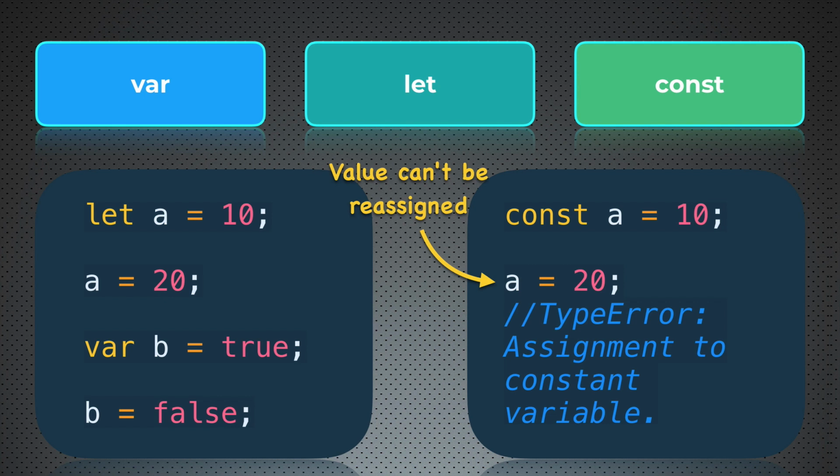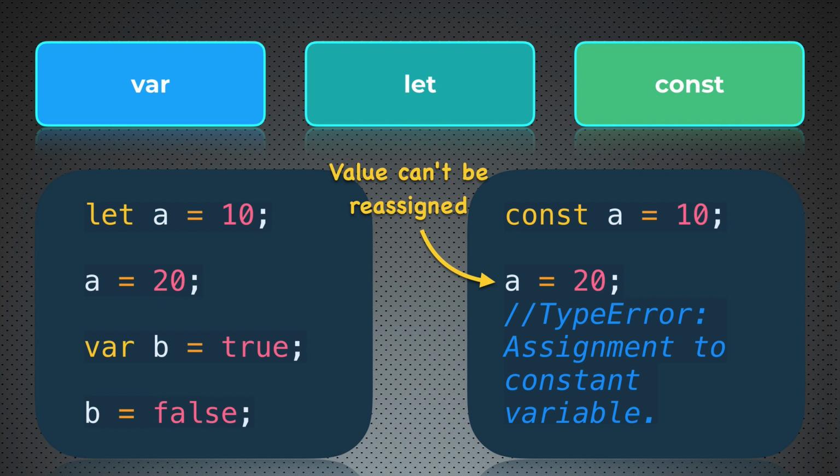You must declare a variable and assign value to it on one line of code. And second difference is that with var and let, you can reassign values to the variables. But with const, it's not possible. If you will try to reassign value to the variable declared with const, you will get type error: assignment to constant variable.